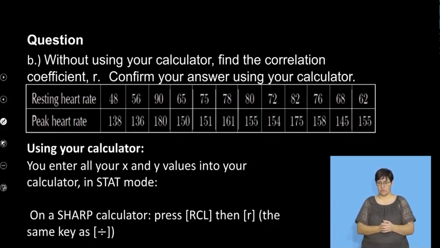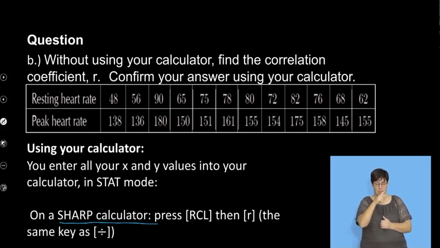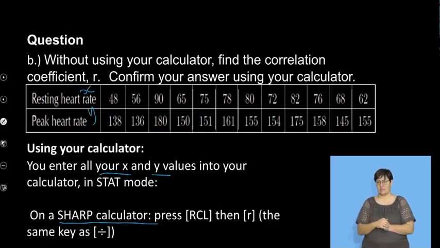So with using a calculator, some of you might have a Sharp calculator, and some of you might have Casio. Using a Sharp calculator, you have to enter your x and y. So this is our x and this is our y into your calculator in stats mode, plus statistics mode.